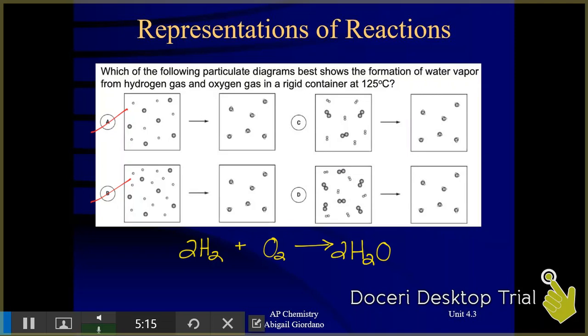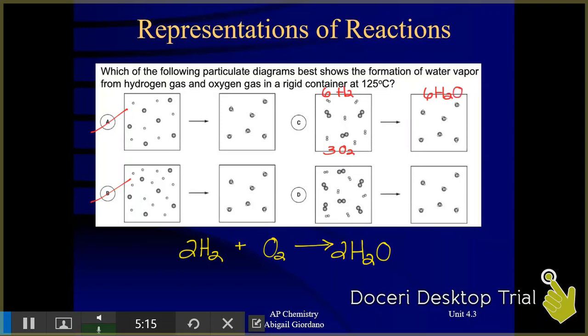Hydrogen is the smaller diatomic atom than oxygen. All right. So letter C is showing me 1, 2, 3, 4, 5, 6 hydrogens and 3 oxygens. Okay. And then look over on the product side. It's showing me 6 water molecules.